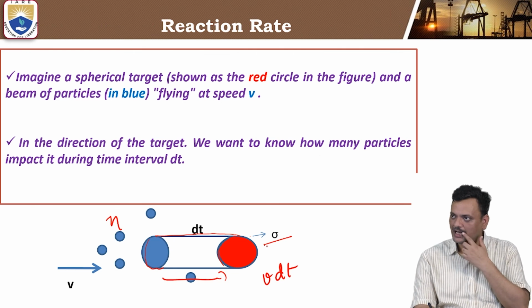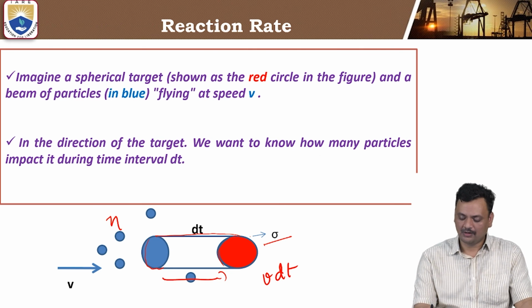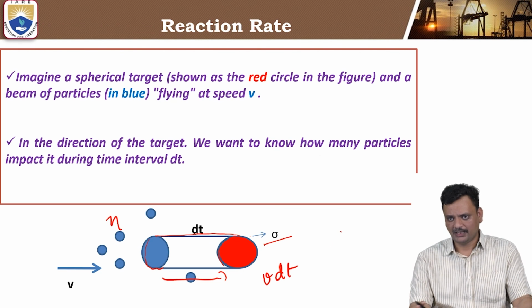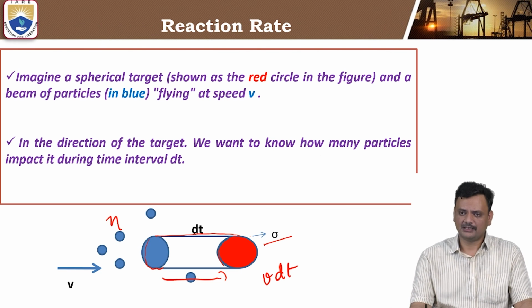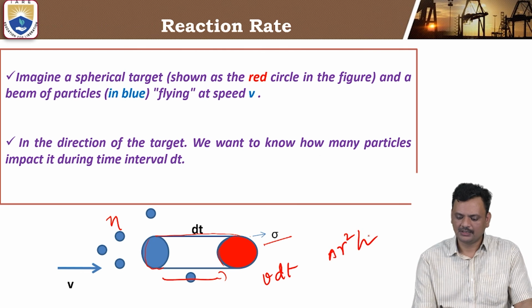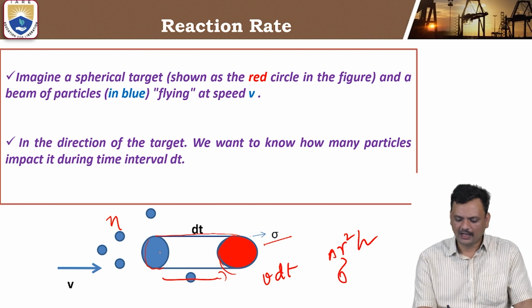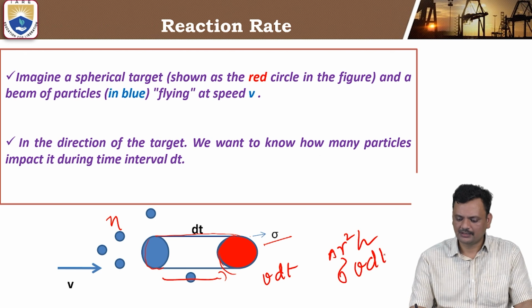What is the formula of a cylinder? Any cylindrical shape: base area, pi r squared, into h. So here the area is sigma, and the height is v dt.